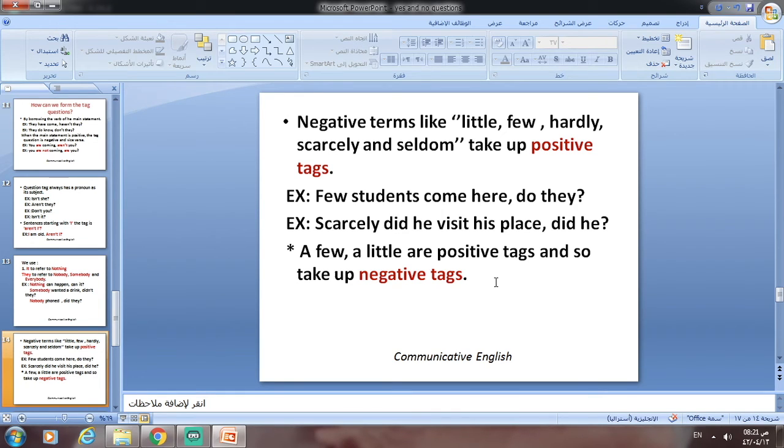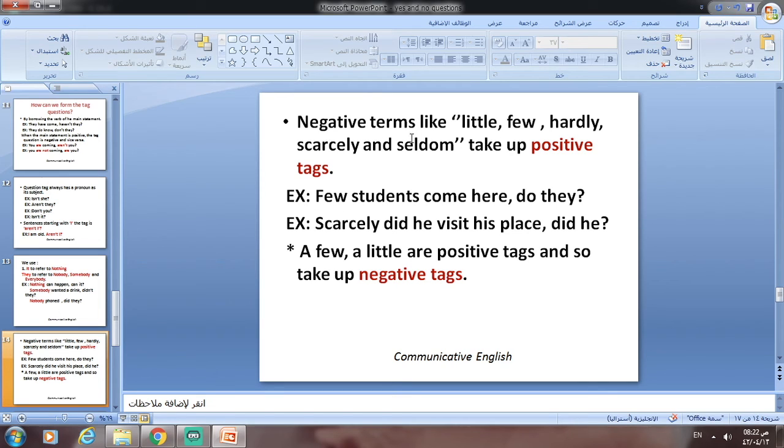Negative terms like little, few, hardly, scarcely, and seldom take positive tags. Like few students come here. Do they? See here. Because we use few, we didn't change the auxiliary verb in the question tag to the negative, as I have said before, because here we have the word few.